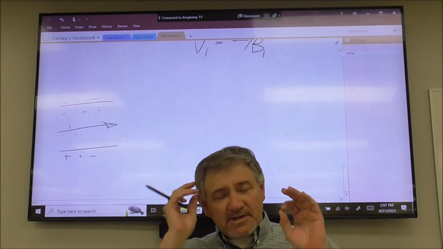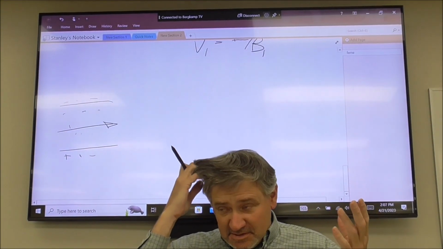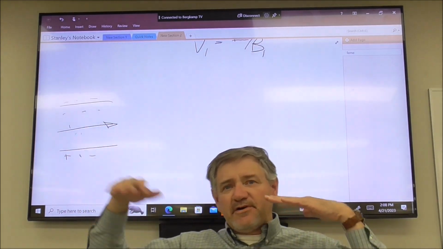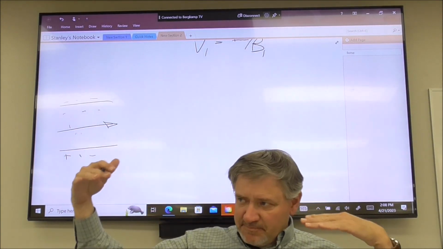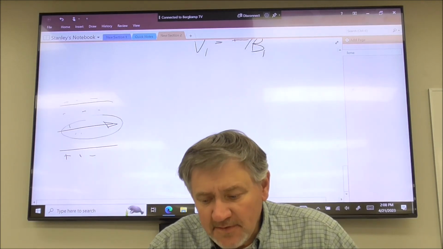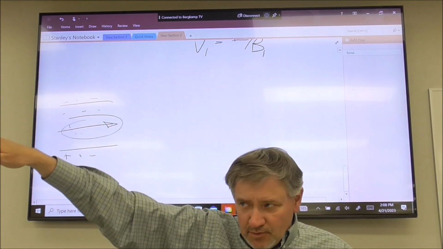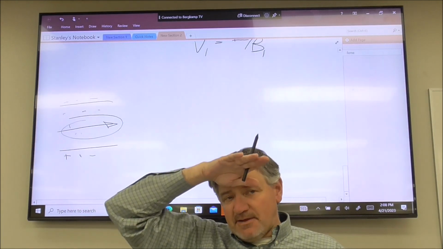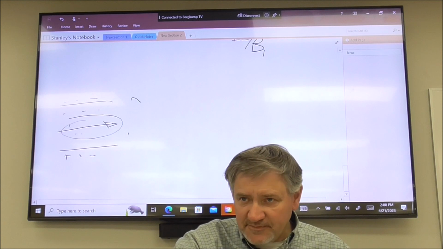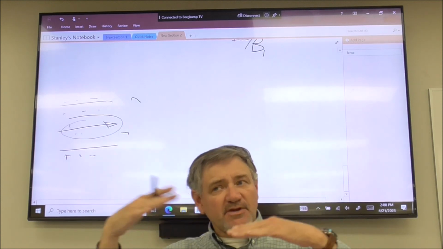Because this is a radioactive source, the particles coming out of it are going to vary greatly in speed. Only the ones that go straight through have a particular velocity. If they curve up or down, they have different velocities.